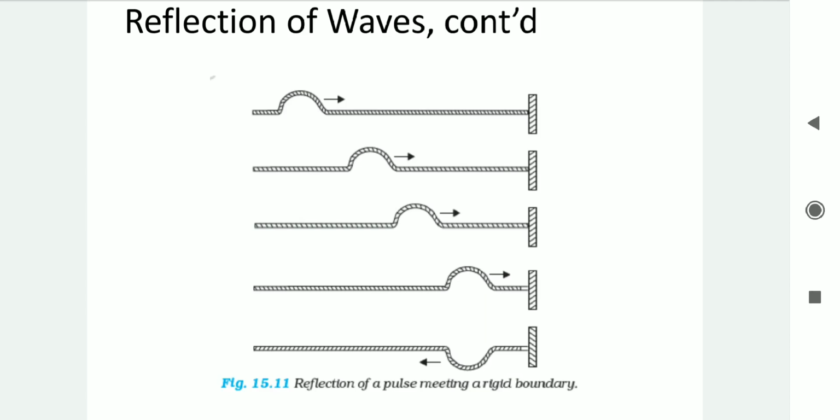If the boundary is not rigid but free, like the open end of an organ pipe, then the reflected pulse has the same phase and amplitude as the incident wave, and the net maximum displacement at the boundary is twice the amplitude of each pulse.